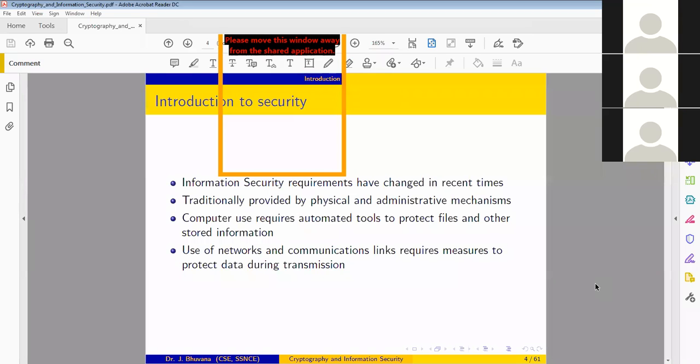Every minute, every second of our life, we have been generating data. Such data are stored in the storage devices or in our computers, and those data that we are generating need to be secured or protected. So we need some kind of mechanisms to secure our data.